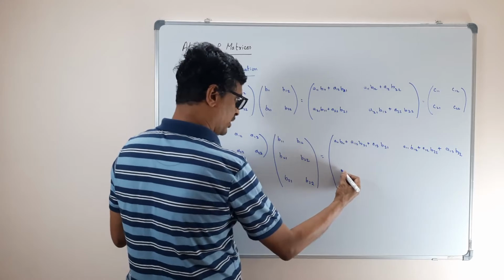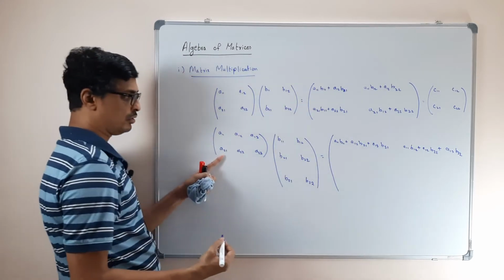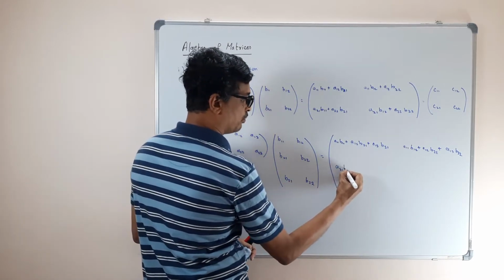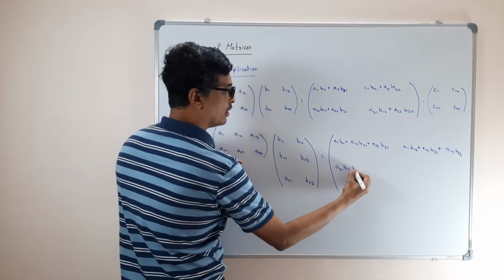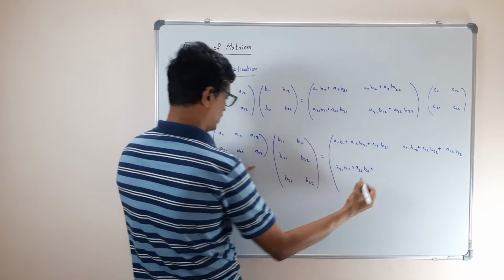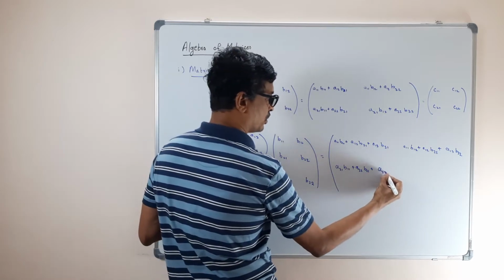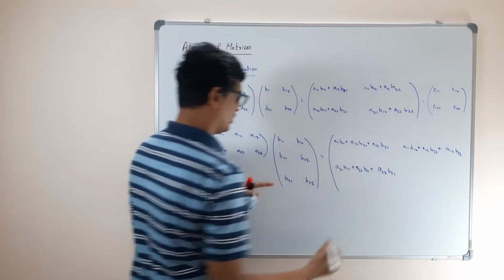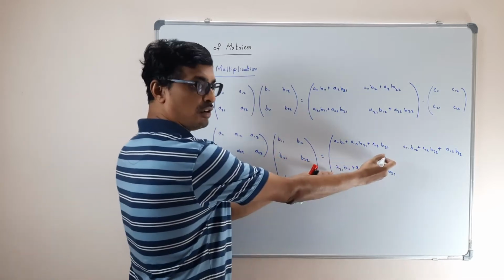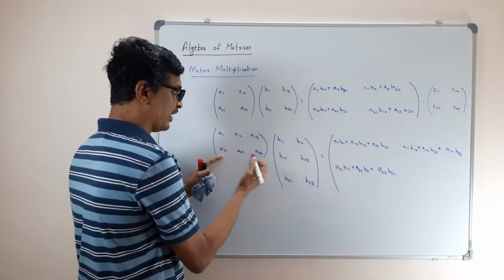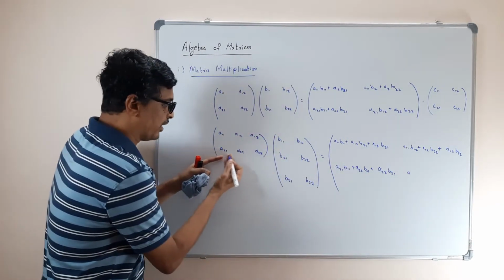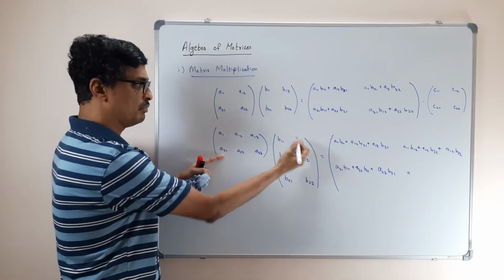So it will be A21 B11 plus A22 B21 plus A23 B31. Okay, this is over: second row, first column, we got the answer. Now the second row, second column. That will be A21 B12.